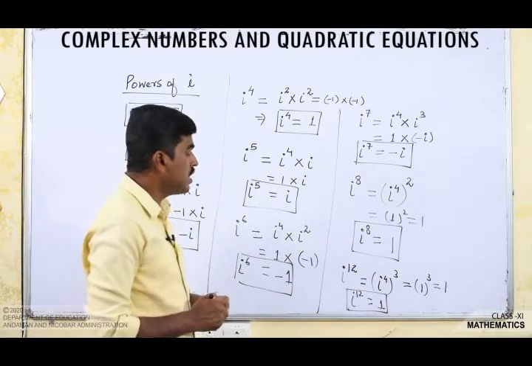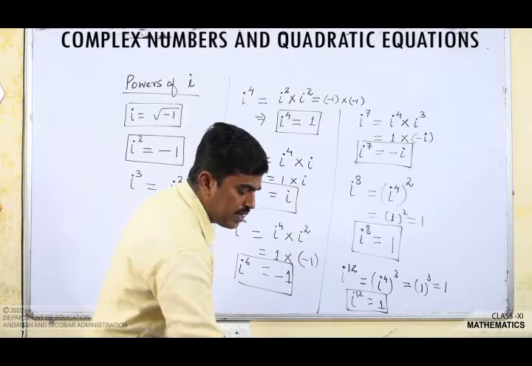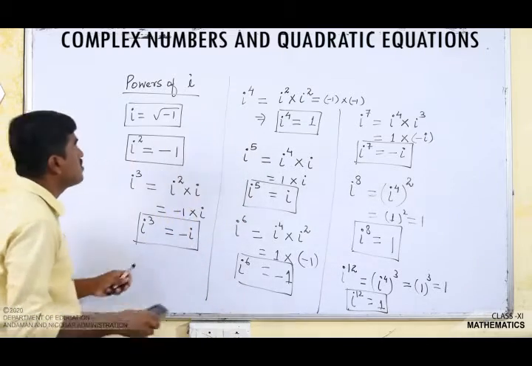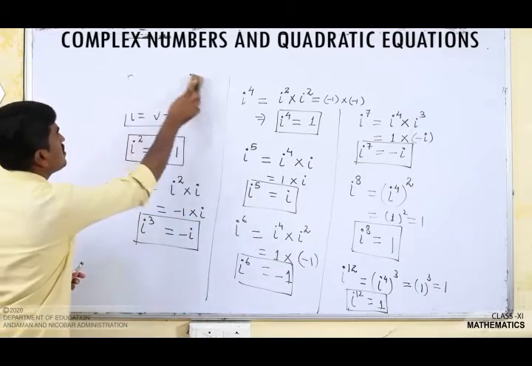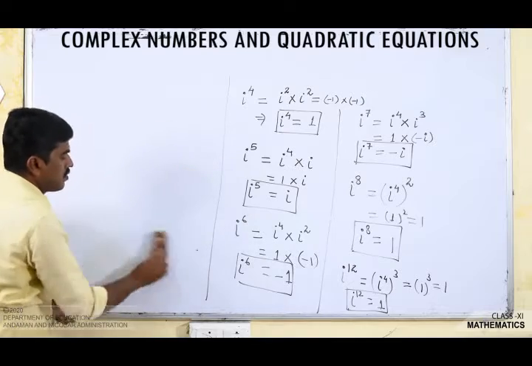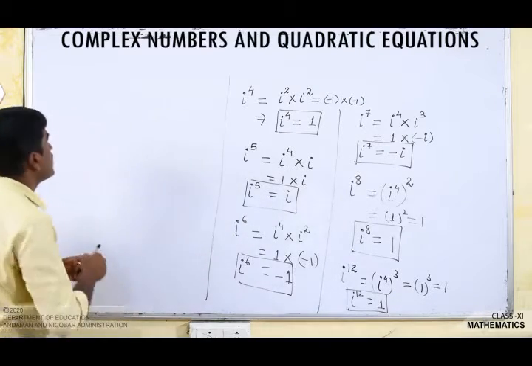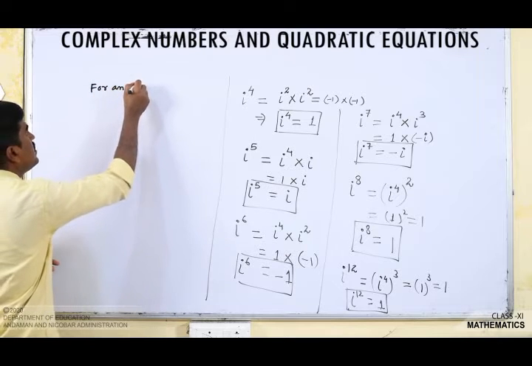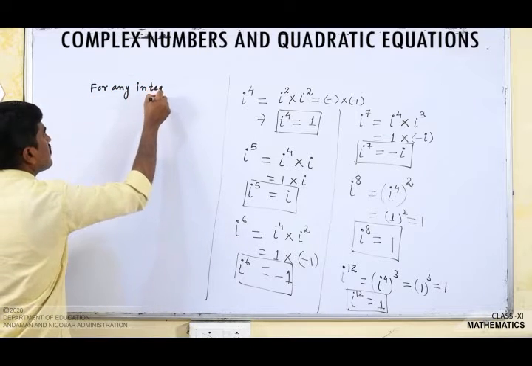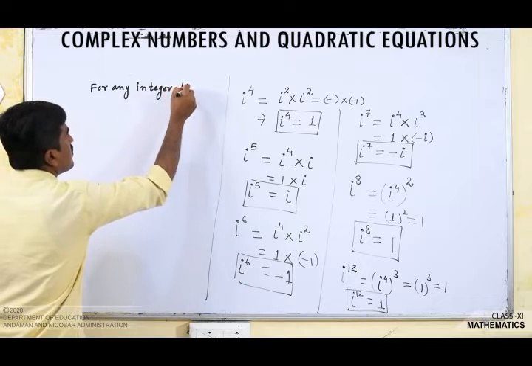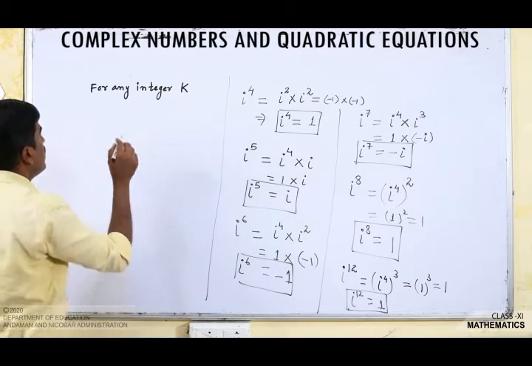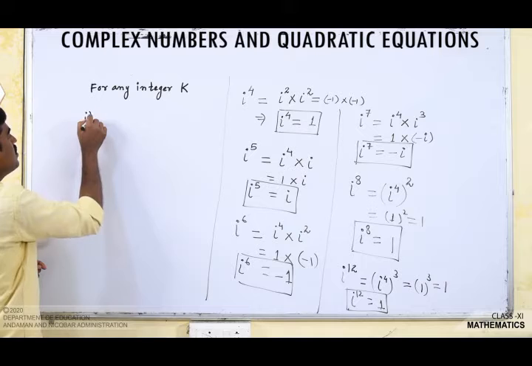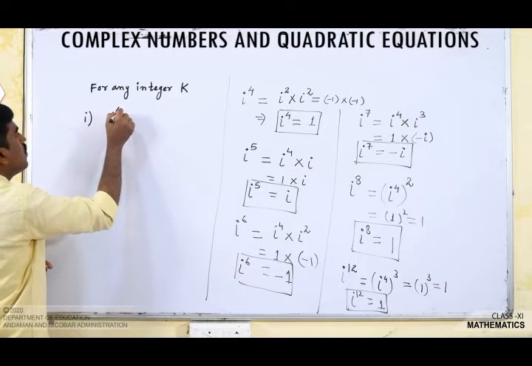So in general, from these results we can generalize for any integer k. Number 1, i power 4k.